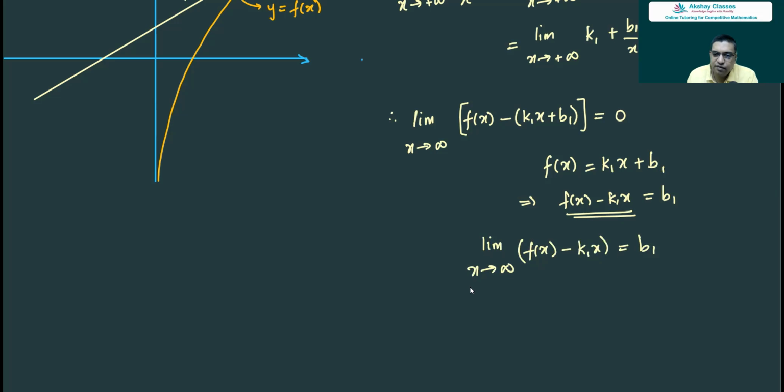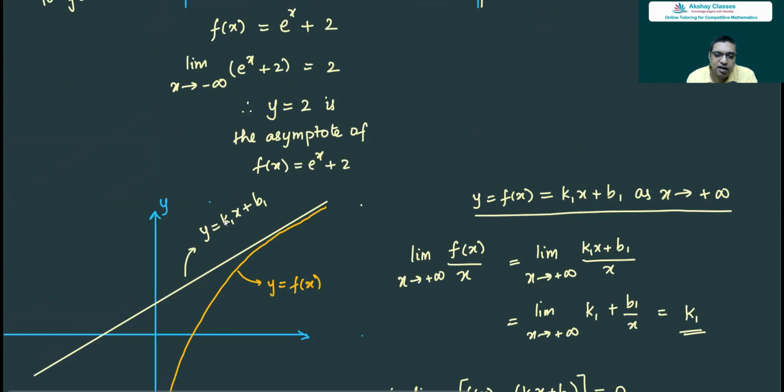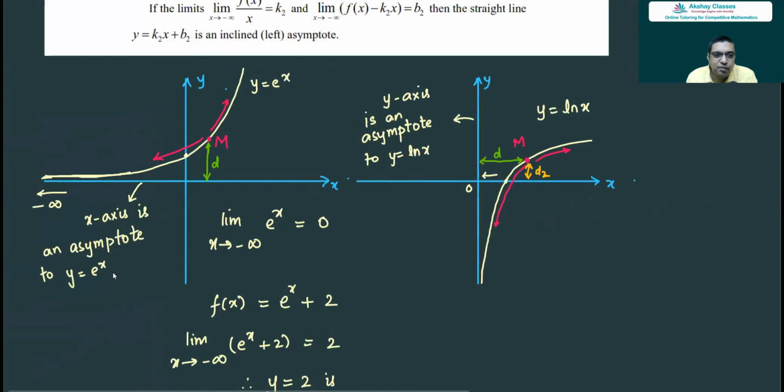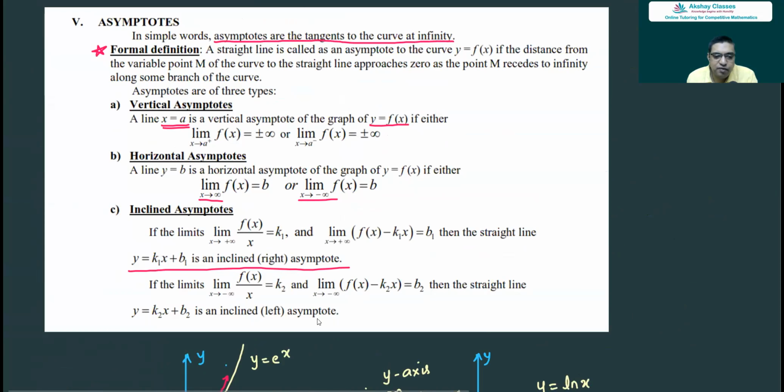Then if we find these two, this line is the inclined right asymptote to the curve. Same we will find as a left asymptote if x tends to minus infinity and we get f of x by x as k2 and f of x minus k2x as b2, then this straight line y is equal to k2x plus b2 is the inclined left asymptote.